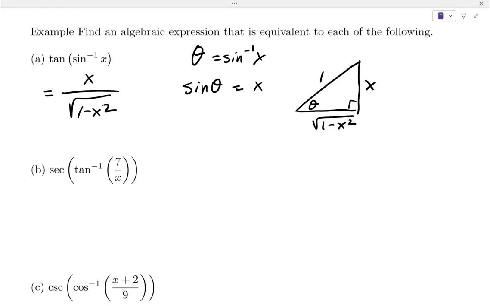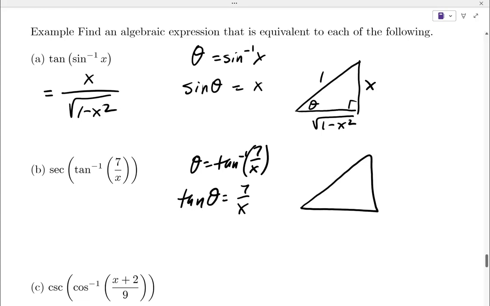All right, so first step, what should I do in this next one? Yep, so theta equals inverse tangent of 7 over x. So tangent of theta must be equal to what? 7 over x. Next step is to get a triangle.